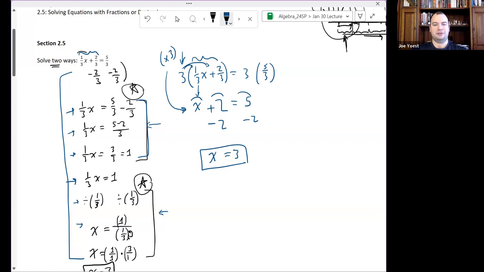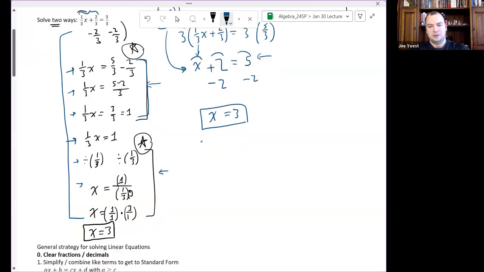The more steps that I have to do, and this is for me and for anybody else, each step that you have to do introduces a chance of making an error. The more steps we have to do, the bigger the chance that we're going to make an error somewhere and get the end answer wrong. So here I had to do this multiplication by 3 on both sides, but that yielded a very simple equation to solve.